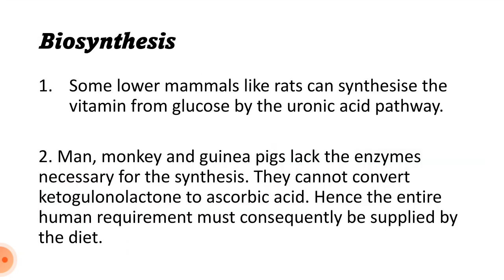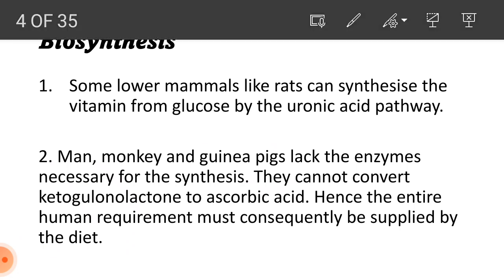Let's see how this is synthesized. First of all, it is not synthesized in humans. Some of the lower mammals like rats can synthesize the vitamin, that is vitamin C, from glucose by the uronic acid pathway.